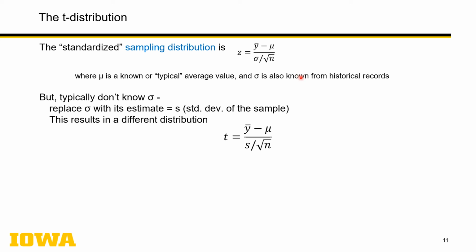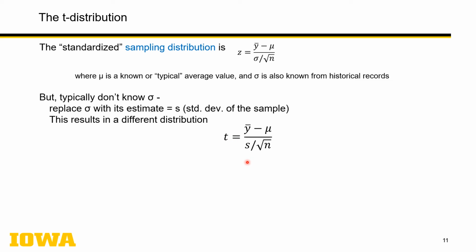Again, if we don't know sigma, we need to estimate it. So we need to replace sigma with its estimate, which is the calculation of the standard deviation, which we went over in module 1. And so we just substitute that in, as shown here.